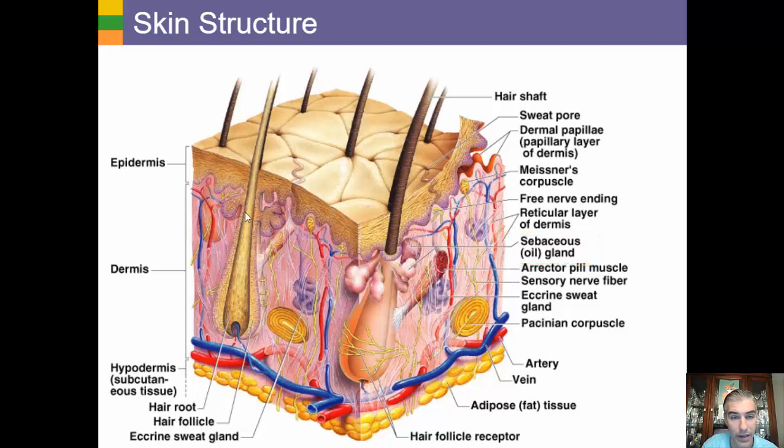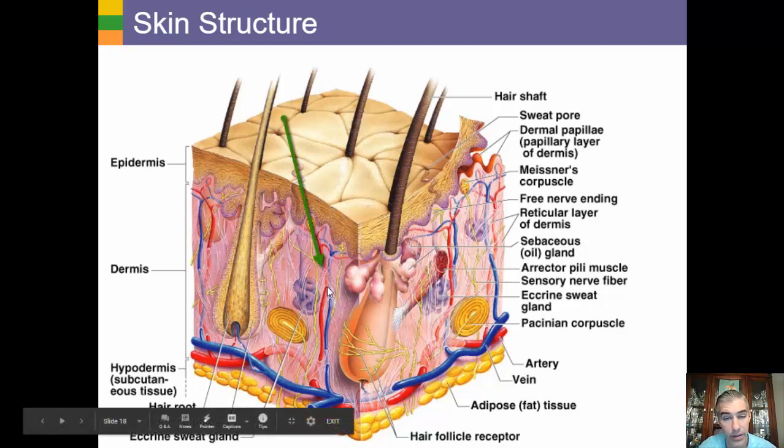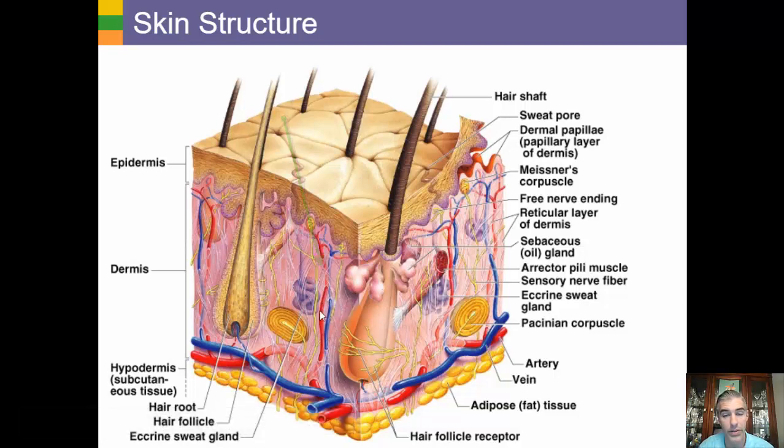It's this guy right here, but also this one. Okay, so label your sebaceous glands. We already labeled the eccrine sweat gland, which is that guy. Label capillaries, which are these things that come up here, the red and the blue parts. Those are thin blood vessels.